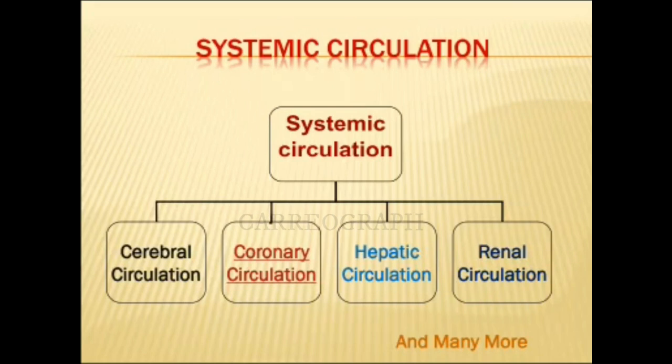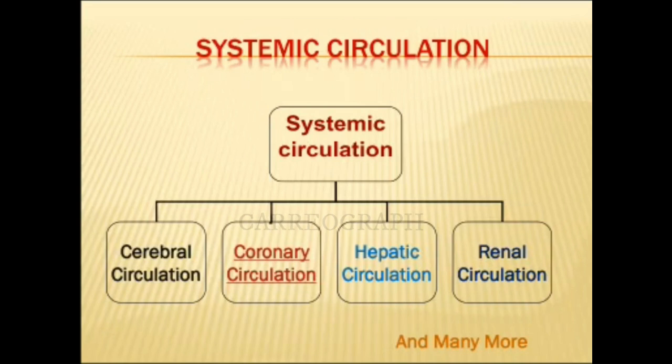Similarly, in coronary circulation, blood goes into the heart muscles and its cells via coronary arteries and back to the heart through coronary veins. In the hepatic circulation, blood goes into the hepatic cells via hepatic arteries and back to the heart through portal veins.